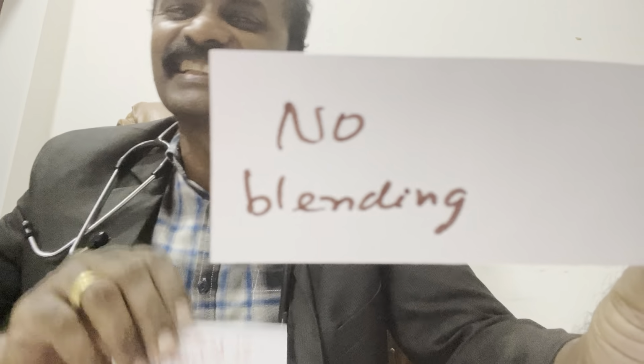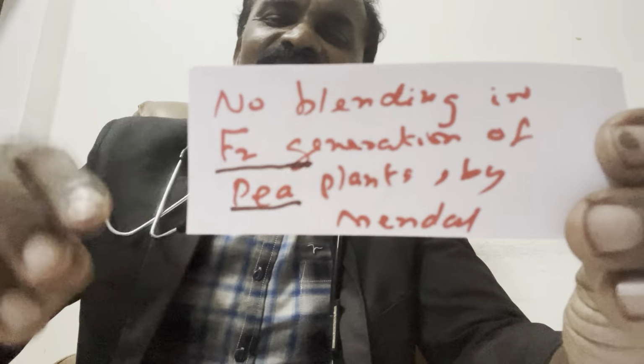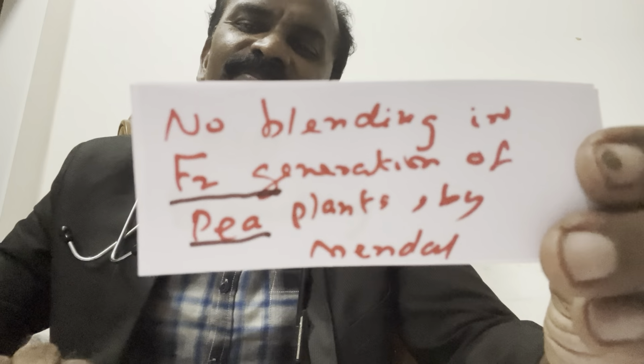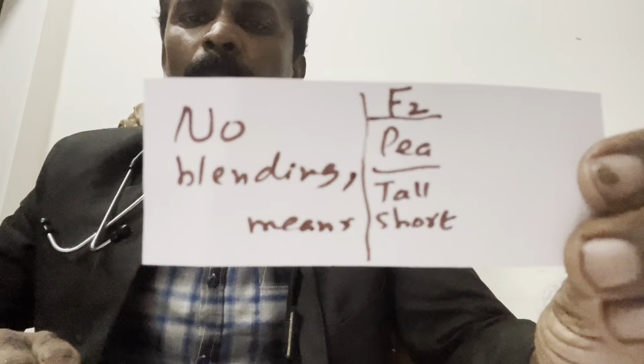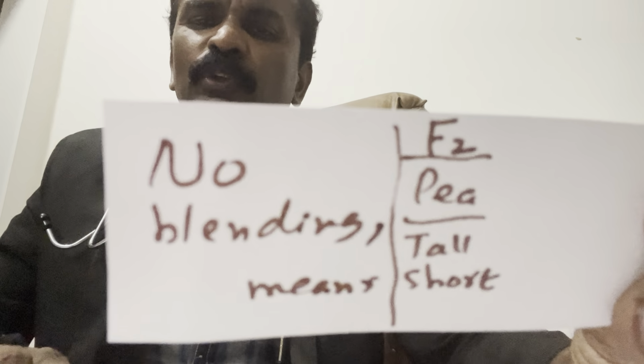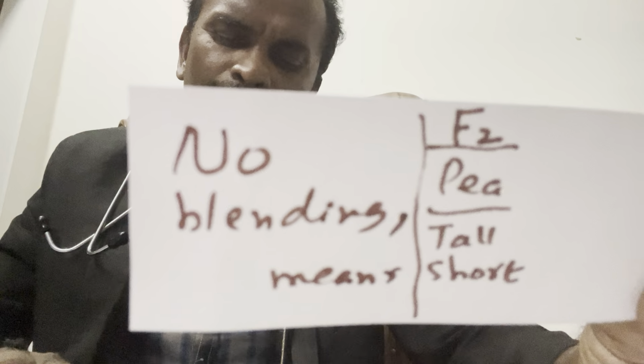Not everybody can answer. No blending means F2 pea plant tall or short.